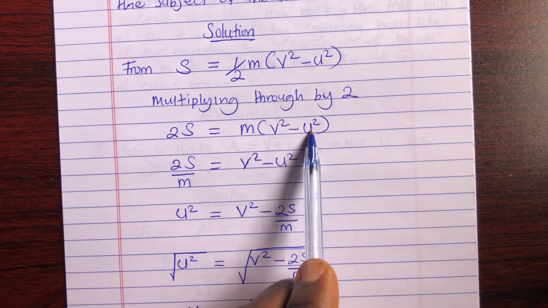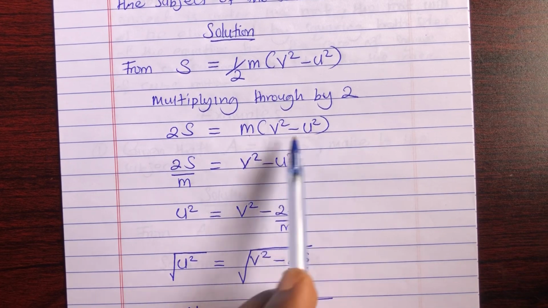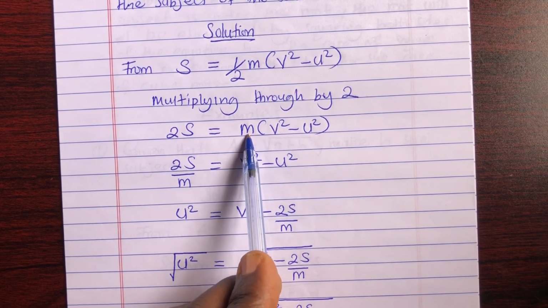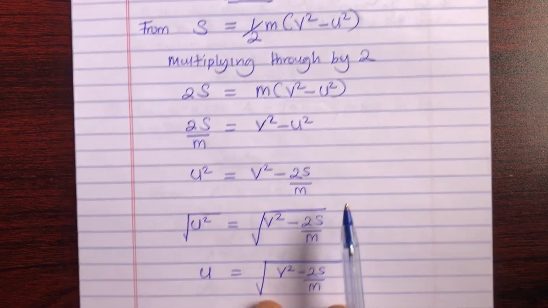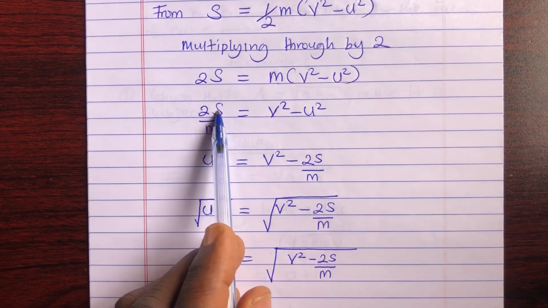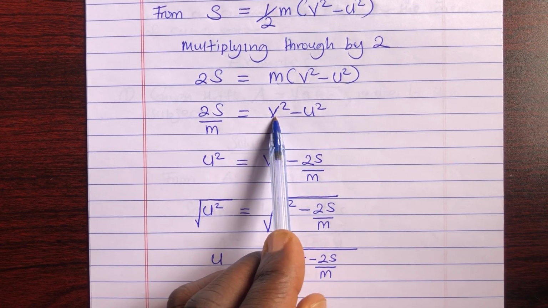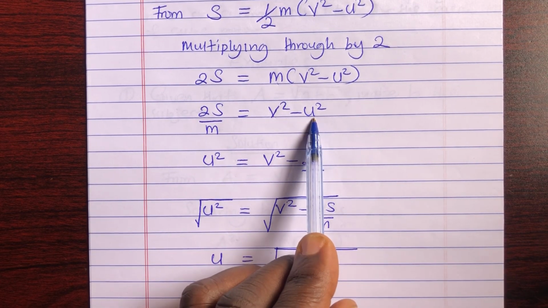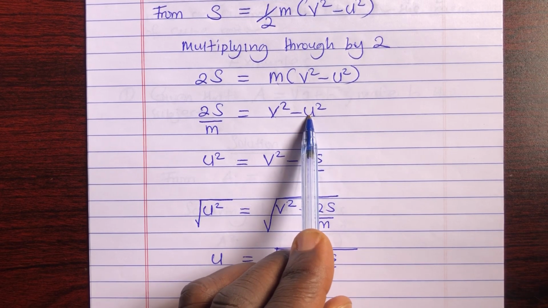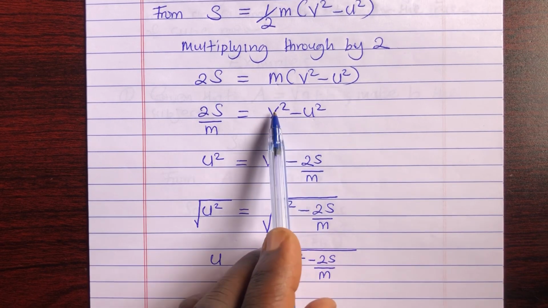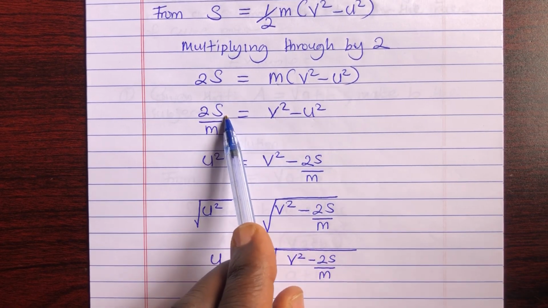Still, we don't need to open brackets, but we shall rather divide by m on both sides, so that we have 2s over m equaling to v squared minus u squared. And now that we need to make u the subject, we shall just take this one to the other side.